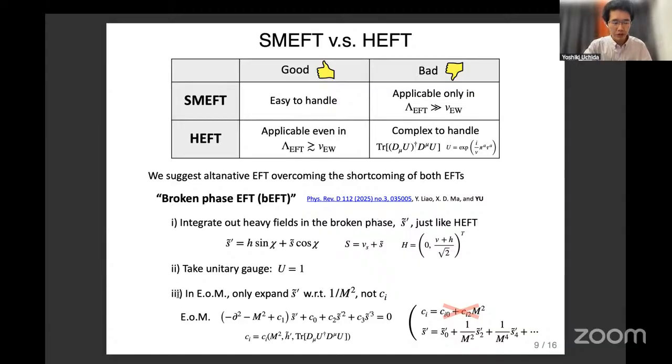The third concept is a little bit technical, but when we integrate out the heavy fields, like S tilde prime here, basically we solve the equation of motion with respect to S tilde prime and substitute the solution of S tilde prime into the original Lagrangian and get the low energy effective field theory. This is what we call integrating out at the tree level.